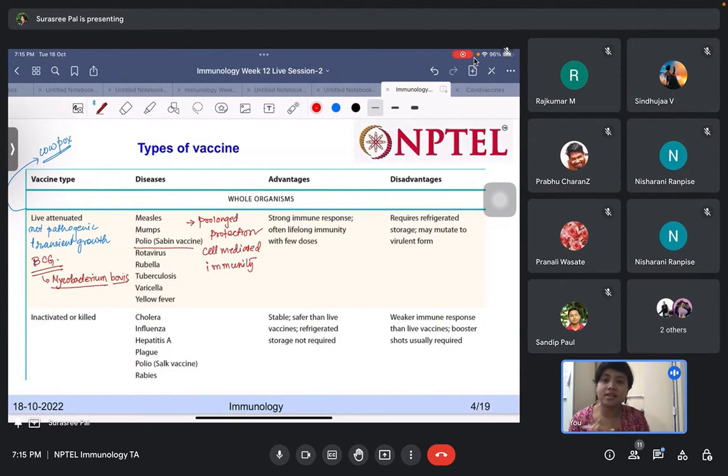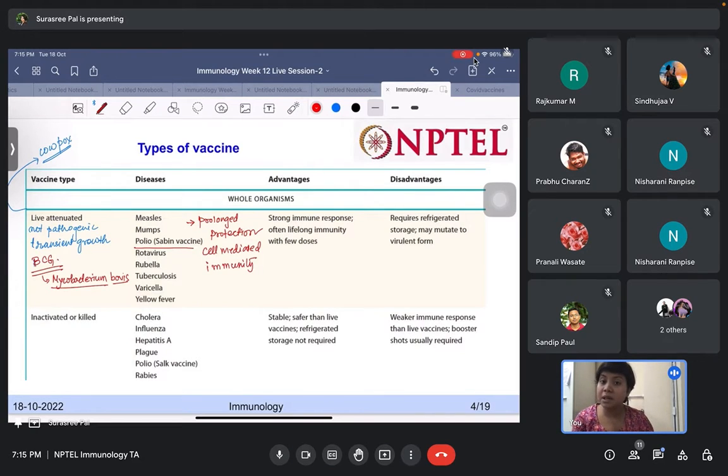But remember that this Sabin vaccine requires 3 shots, or 2 booster doses, because in one single shot, since there are 3 strains, the 3 strains interfere with each other's replication, which is why it requires 3 shots, right? So this is the major advantage of a live attenuated vaccine, that it provides prolonged protection as well as cell mediated immunity.